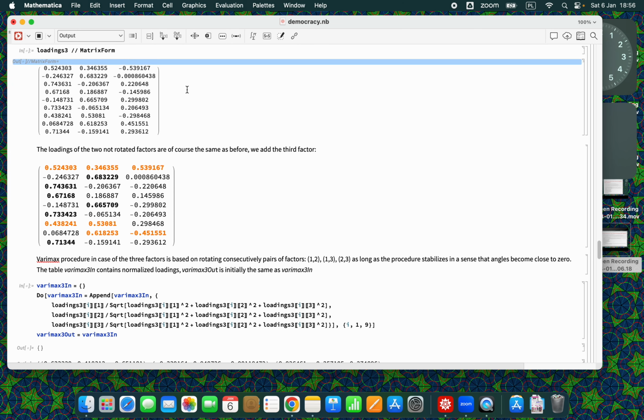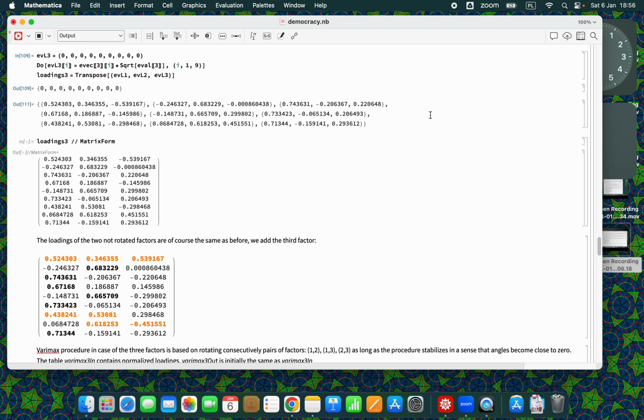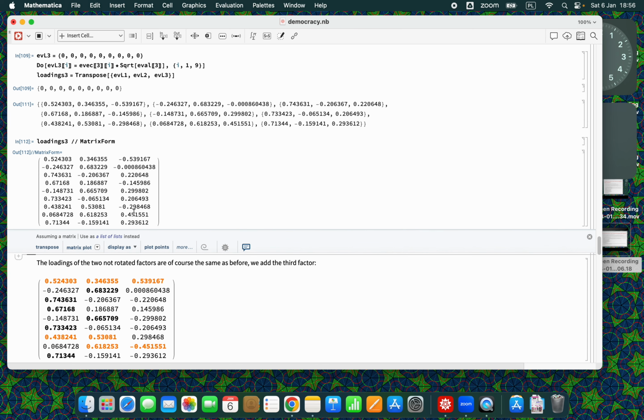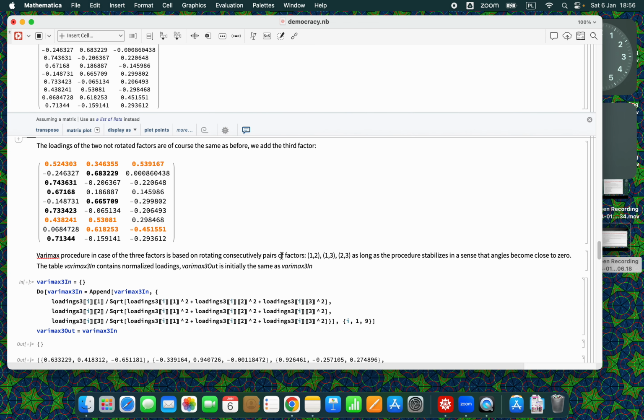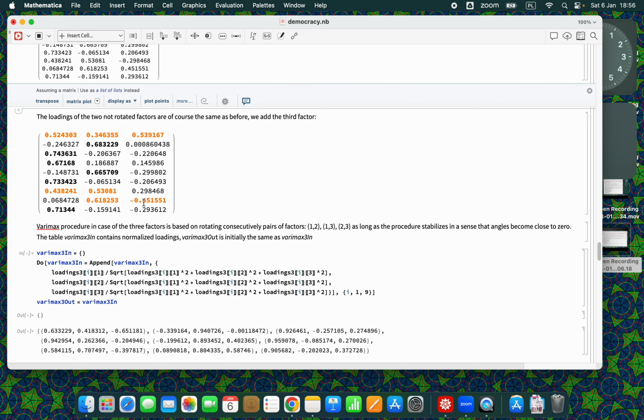And we have this third factor, and when we look at loadings for the third factor, we see that the situation is even more complicated, because the first variable correlates with all the factors, and not only the seventh variable correlates with factors 1 and 2, but also the eighth variable correlates with two factors.